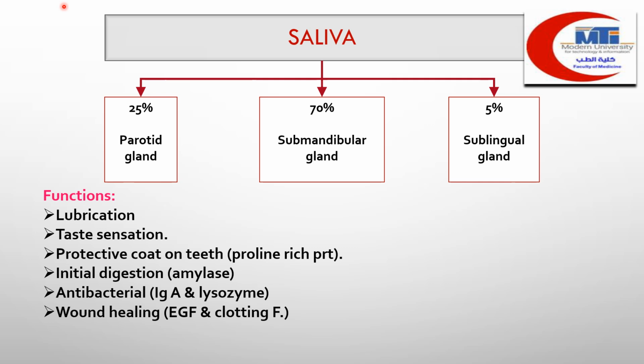In some non-human species, saliva has an evaporative cooling function. Saliva also has a buffering function, forming a protective coat on teeth. It also participates in the clotting process and wound healing.